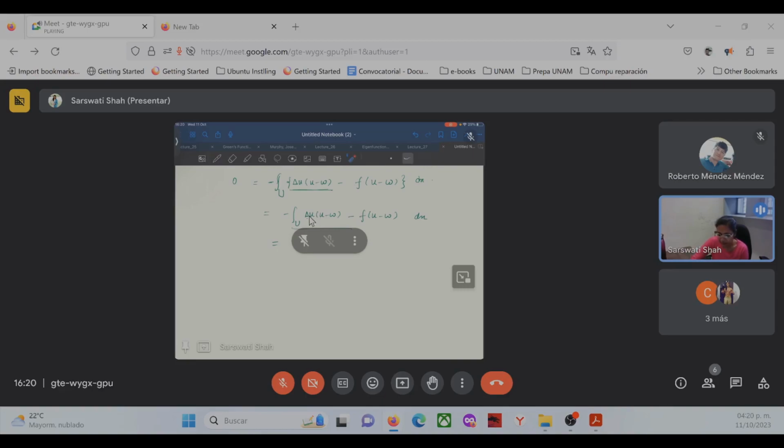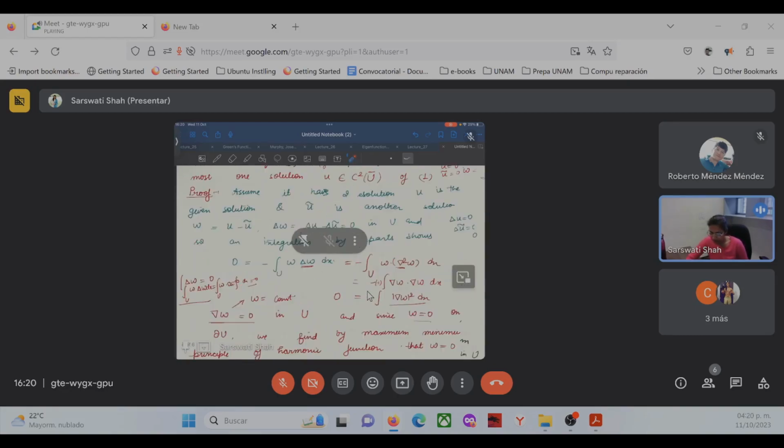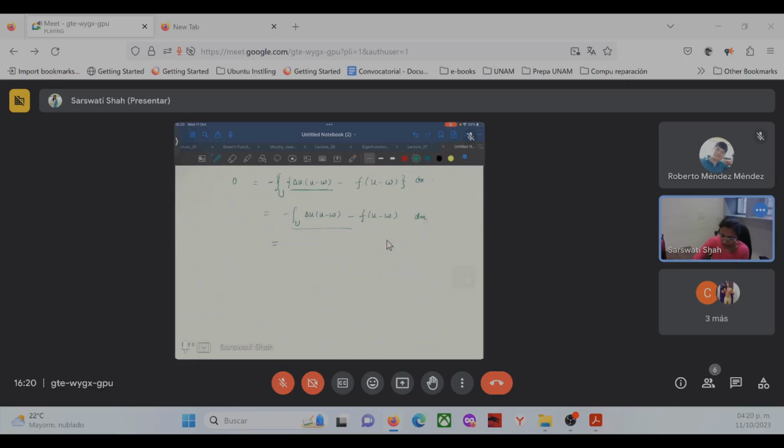What will be the integration of this term? You solved it in the previous pages, isn't it? Here I was doing the integration. So it is going to be, see, this is gradient square, isn't it?